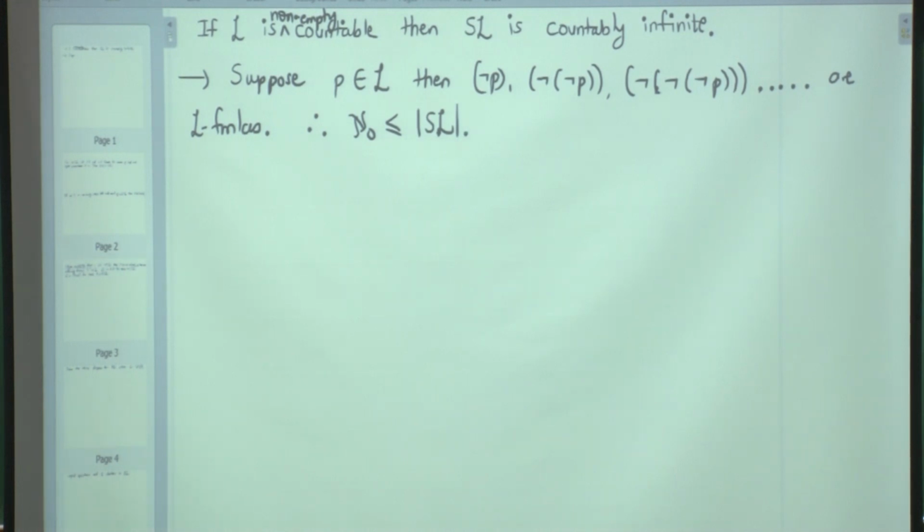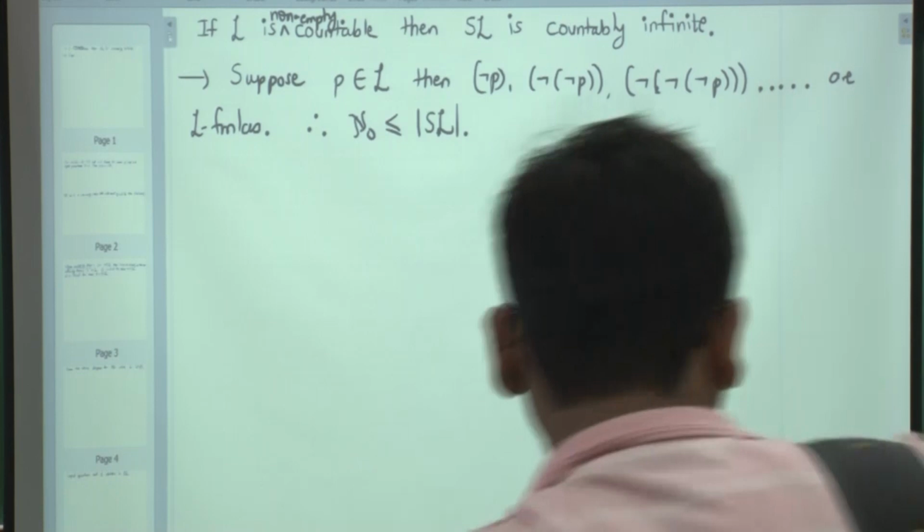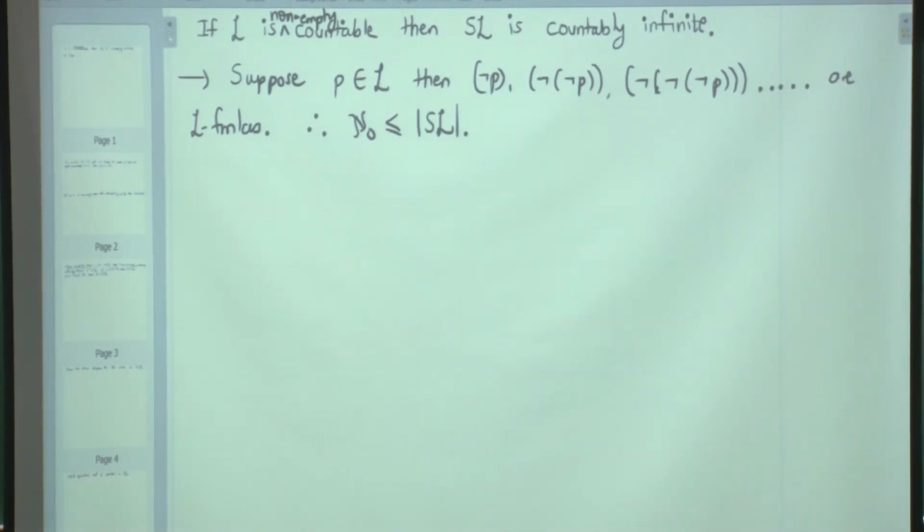Because these are all formulas, they are all distinct. So therefore this is a lower bound, and for the upper bound you have to notice that every formula is a finite string of symbols. So which symbols can we use? Anything in L, and what other symbols can we use?